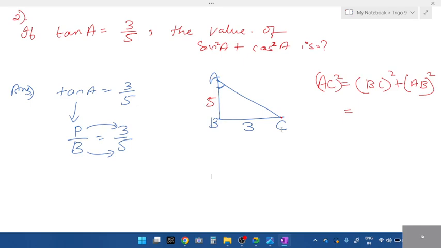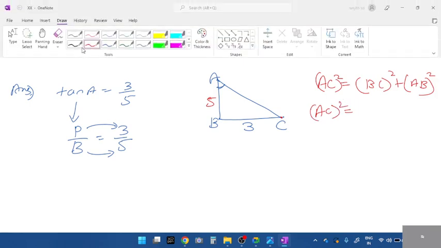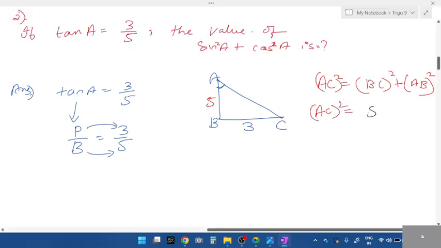What's the hypotenuse, all of you got? What's the value, students? Okay, Alia, what did you get? Alia, Anna.